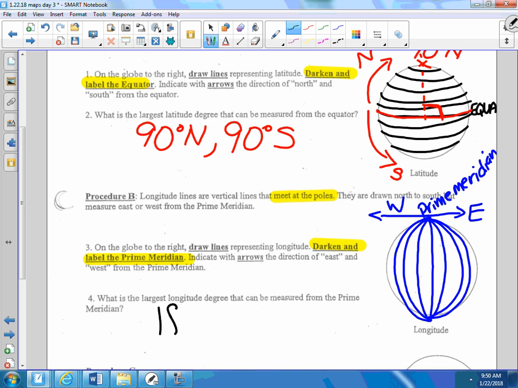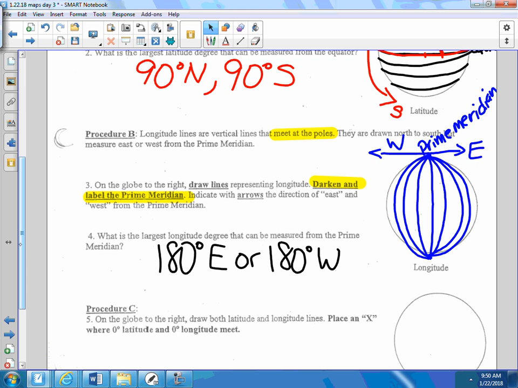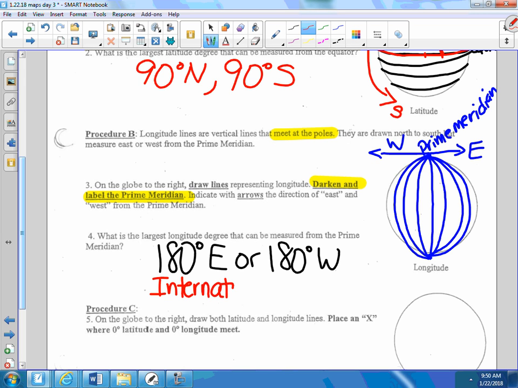And you could go 180 degrees to the east or 180 degrees to the west. So we're measuring from the prime meridian. And that 180 degree mark has a special name. What do we call the 180 degrees? It's called the International Date Line. I want you to write it down. International Date Line. That determines the day. Are you Monday or Tuesday?